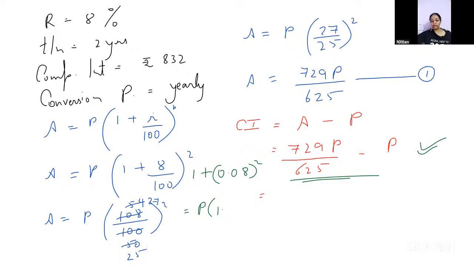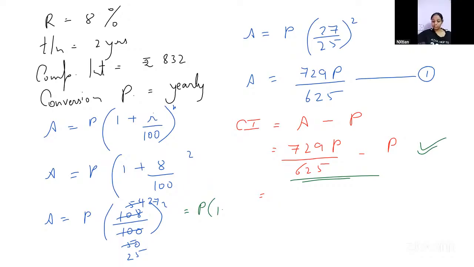729P upon 625 minus P. I'll teach you both the ways. If you want to solve this, P upon 625 minus P. Ma'am, you're getting 1.64.